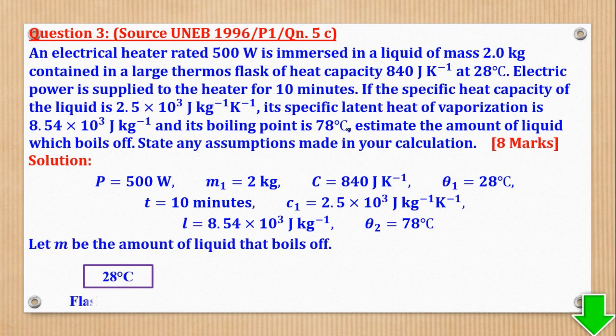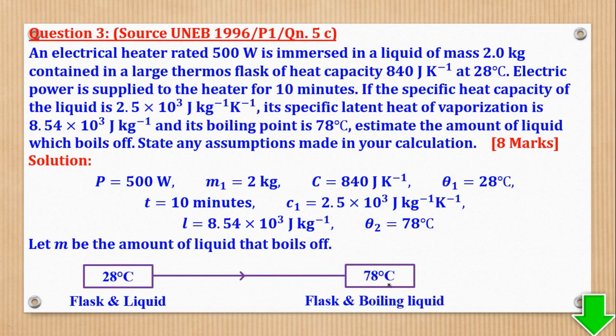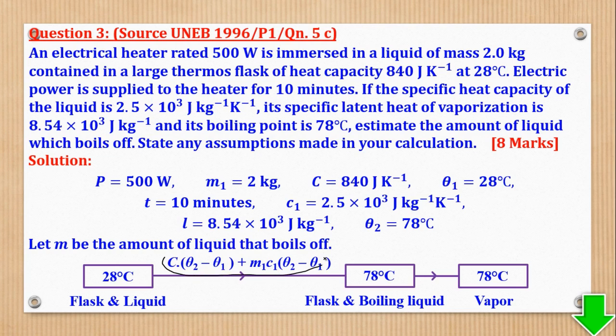Illustrating is very, very vital as long as it comes to latent heat. So this is the initial. On further heating, the temperature increases to 78, which is the boiling point. Then it goes to vapor at the same temperature. So still we shall do like we did before for the flask and for the liquid, and here for the latent heat.